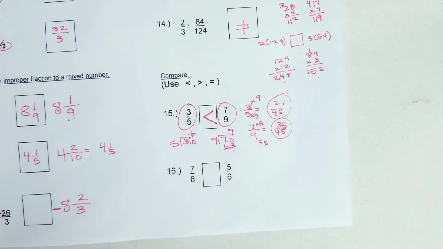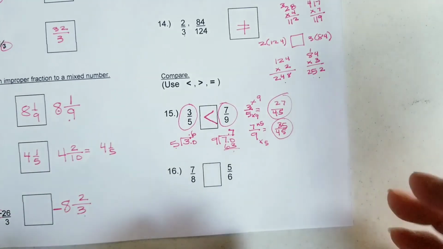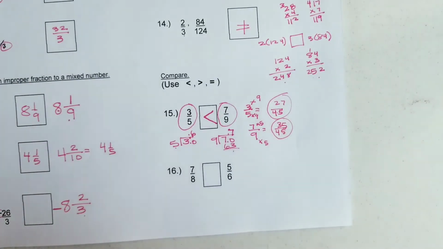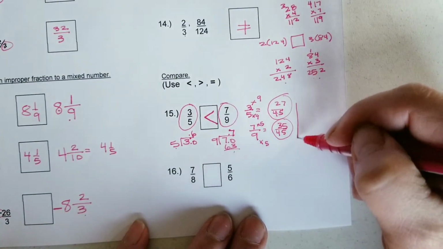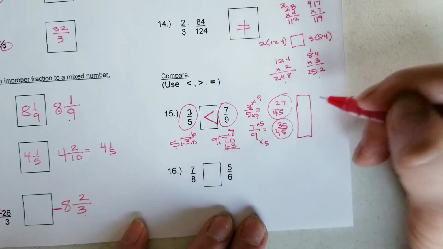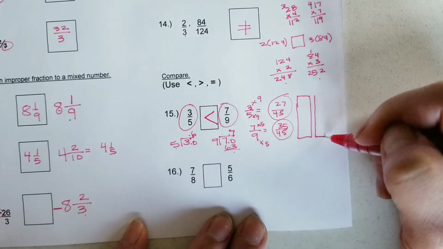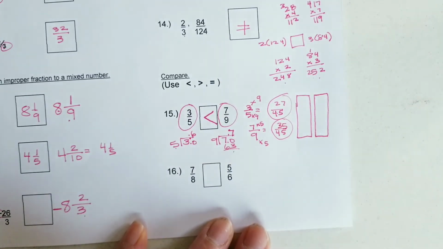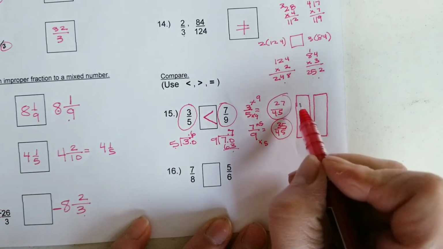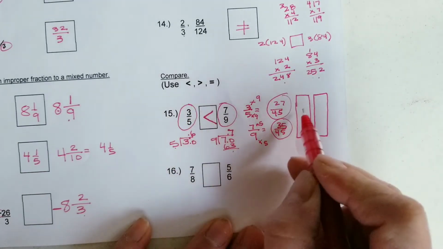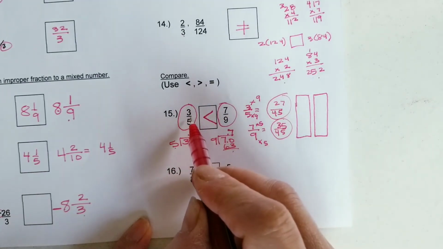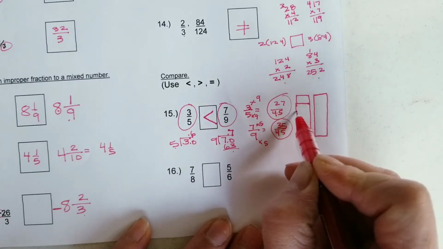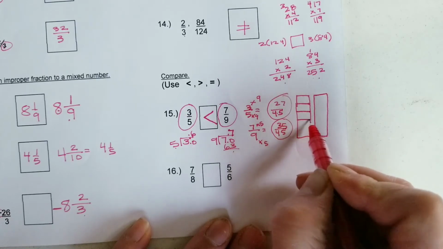And there's just one more way I want to show you how to solve for this, and this is kind of fun. You will take, let me let the motorcycle pass by first. You will make two exact shapes. They have to be the exact length and width. And what you're going to do is divide this shape into 3/5. So first of all, it needs to have 5 parts.